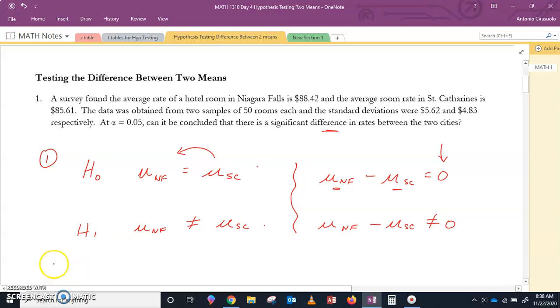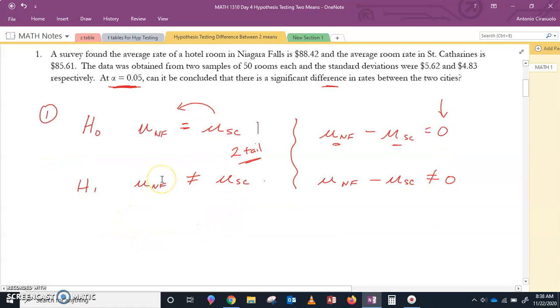Second is to determine the critical values. Just like before, our alpha is 0.05, but it is a two-tail situation because it is saying equal to or not equal to. So keeping that in mind, let's find out what the critical values are.